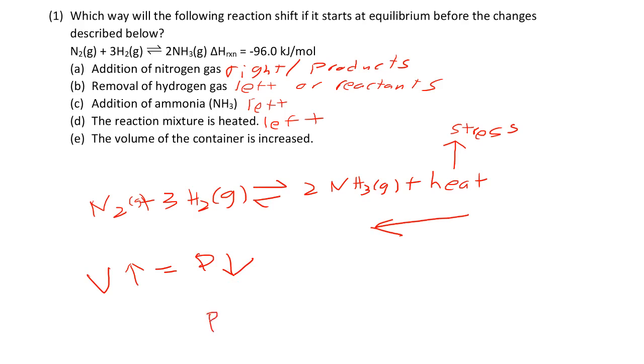So if we want to increase pressure, we want to increase moles, because remember, they are directly proportional, unlike volume and pressure, which are inversely proportional. So we want to increase the number of moles of gas we have available to increase the pressure. In this case, we have 2 moles on the right side, 4 moles on the left side. So when we increase pressure, we're going to shift towards the reactant side again. So this is going to shift us left.